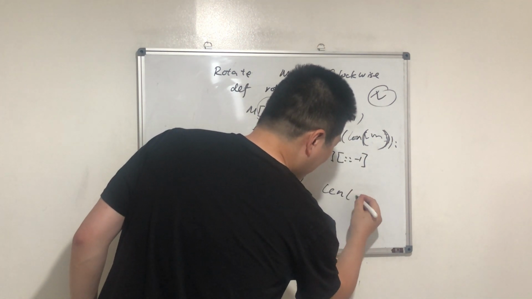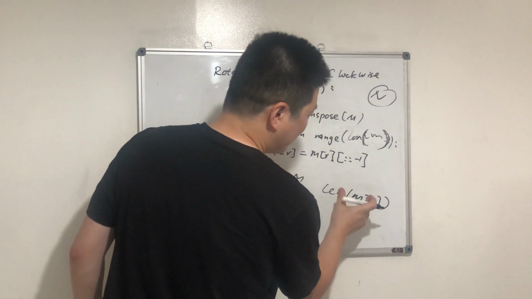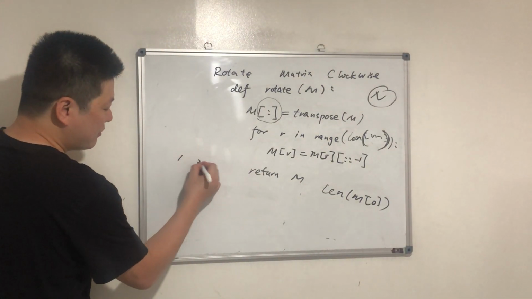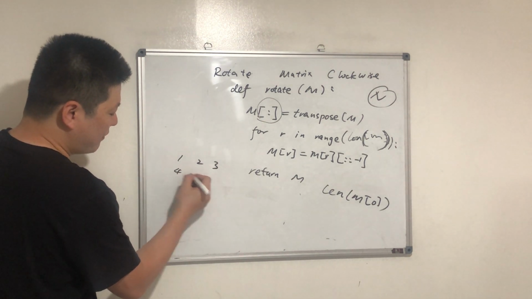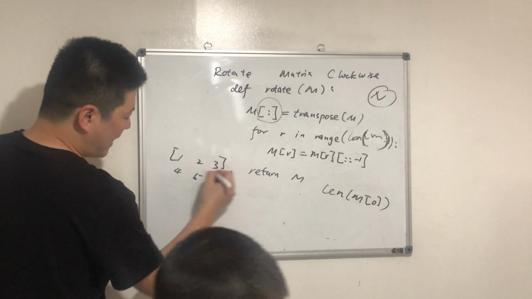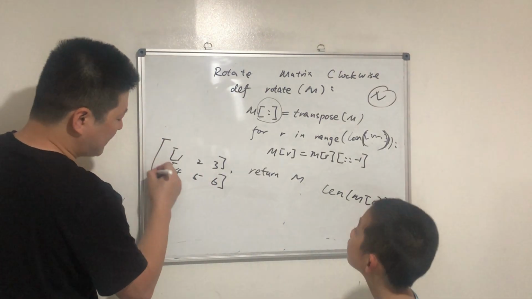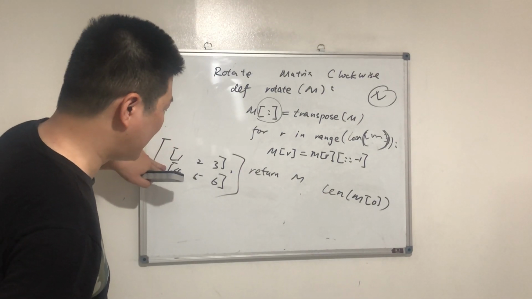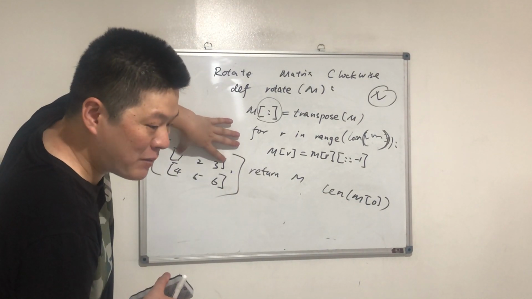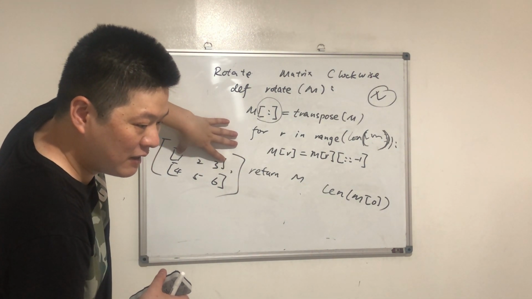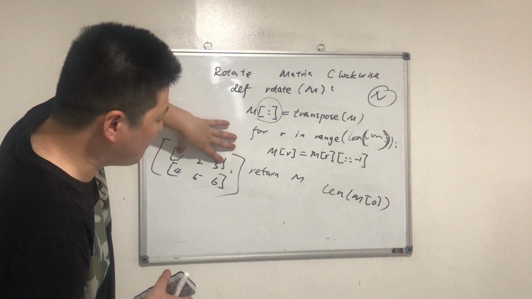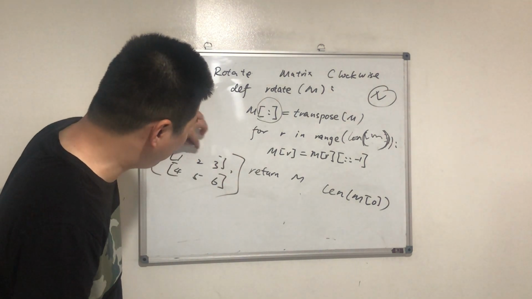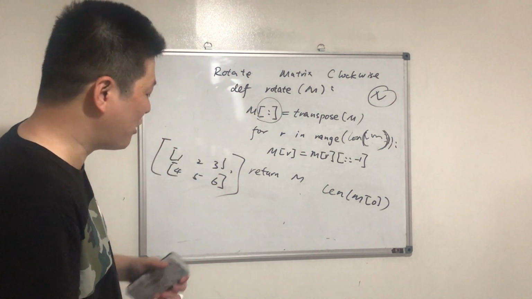And length of M0 is the number of columns. In a matrix, it will be like that: a list of lists. Basically, a matrix is a list of lists. Length of M, there are 2 lists, which are the rows. Length of M0 is this one. How many numbers in M0? 1, 2, 3. Then that's 3 columns, 2 rows. That's what we get from M0.